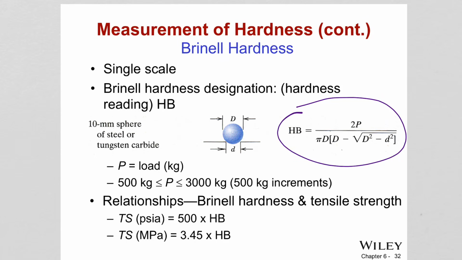This one uses a sphere of tungsten or tungsten carbide, or a steel indenter, to push on the material. Capital D is the diameter of that sphere, which is 10 millimeters, and d is the indentation diameter. If you plug these numbers into the equation, and again this equation is different for each type of test, you calculate the Brinell hardness number, and we are given the range of loads that are applied.